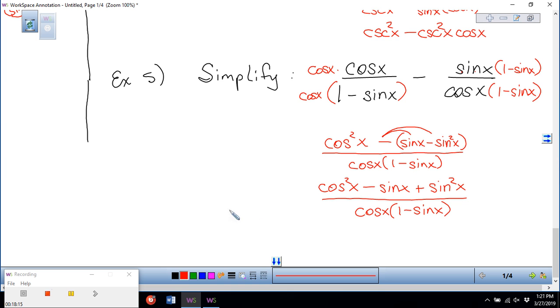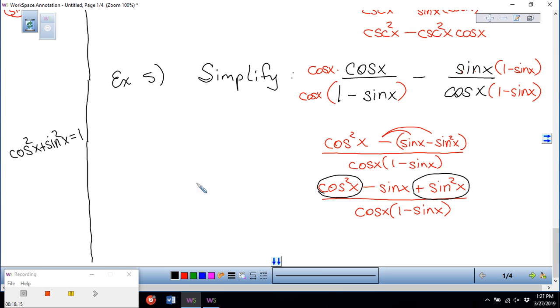Now, if you will look at your Pythagorean identities at the bottom, you will see one of your identities that said cosine squared of x plus sine squared of x is equal to 1. Well, right here I have a cosine squared of x, and right here I have a plus sine squared of x.